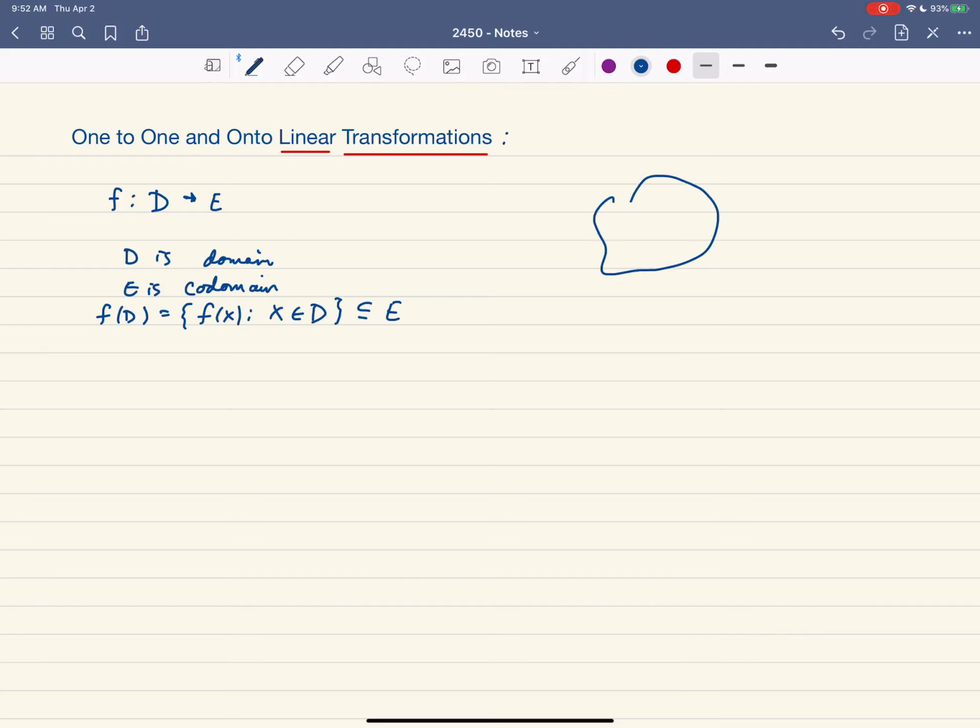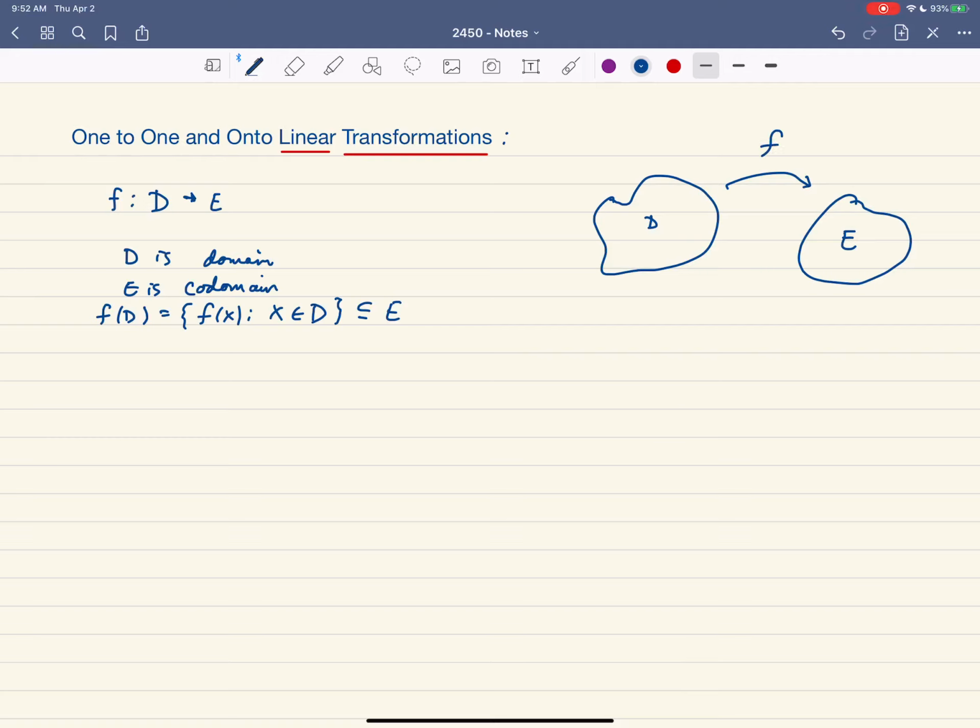Okay, so the idea is that you have a function f, and this function is going to map some set D to some set E, and maybe it works out so that when you take all the values in D, what you get is not everything in E, but maybe you only get a little piece.